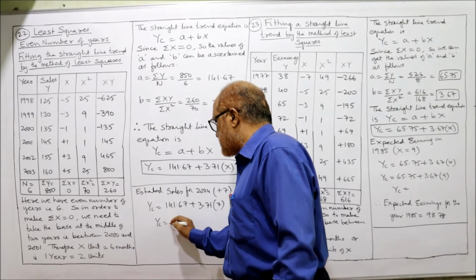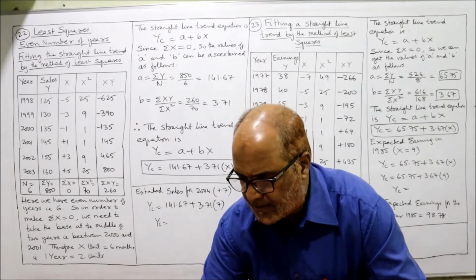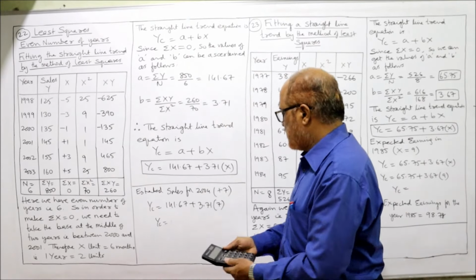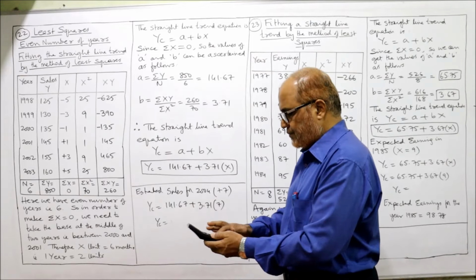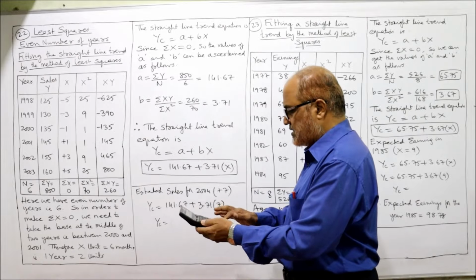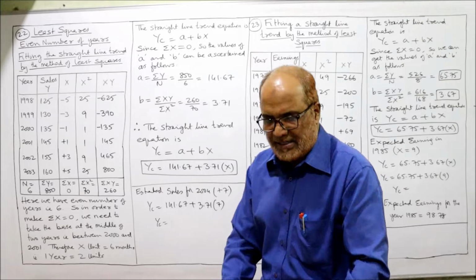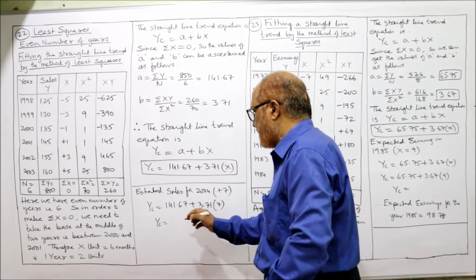Now easily we can find this on the calculator. 7 into 3.71 plus 141.67 comes to 167.64.